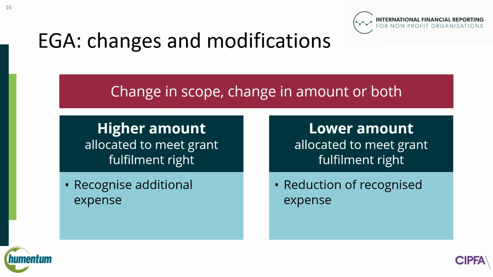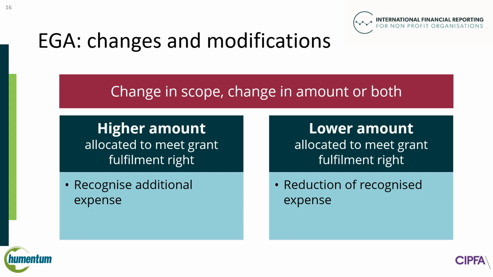After an EGA has started, the amount that a grant-providing NPO is obligated to transfer to the grant recipient can change for various reasons. These can include the resolution of uncertain events, or a change in the rights and obligations that were approved at the beginning of the arrangement. This can lead to either a change in scope of the EGA, a change to the amounts, or both. This is not variable consideration, which would have been set out in the original arrangement, but a change to that arrangement.